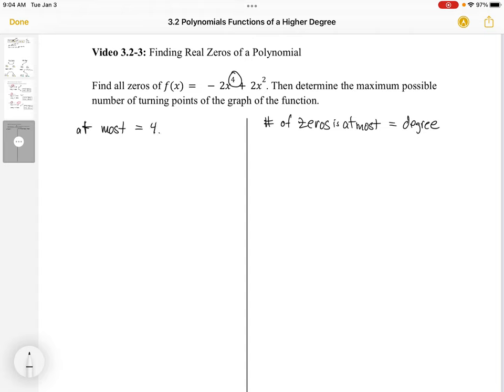That doesn't tell us what our zeros are, and that doesn't tell us how many zeros there are. There could be 4, there could be 3, 2, 1, or 0, with some caveats in there, but there certainly cannot be 5. So that is point number 1.